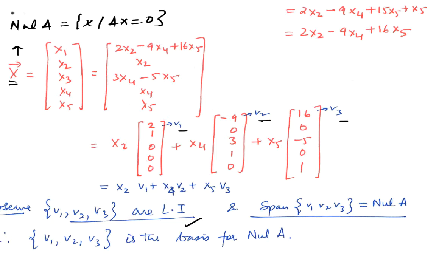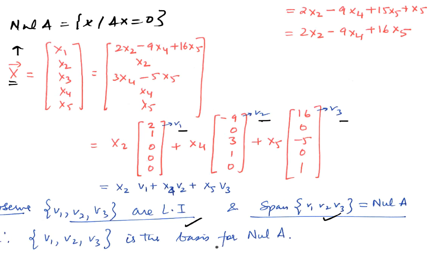And also every element of the null space of A, which is given by X, is written as a linear combination of these three vectors, that means the span of V1, V2, V3 is nothing but the null space of A. So we have proved the two conditions for the basis of a null space of A, and hence the set V1, V2, V3 is the basis for the null space of A.